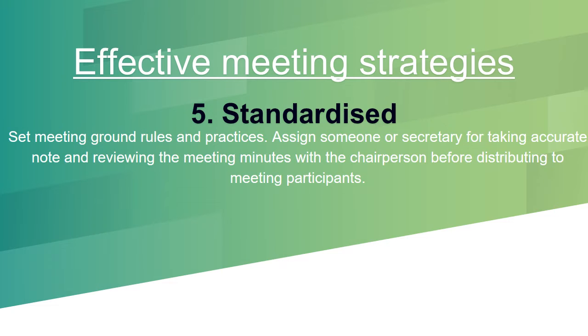The fifth strategy is standardizing. When we are conducting a meeting, we have to standardize ground rules and practices. Ground rules refers to the code of conduct in the meeting. When we are setting all the ground rules and practices, we are actually helping ourselves to make sure that our meeting will run smoothly.